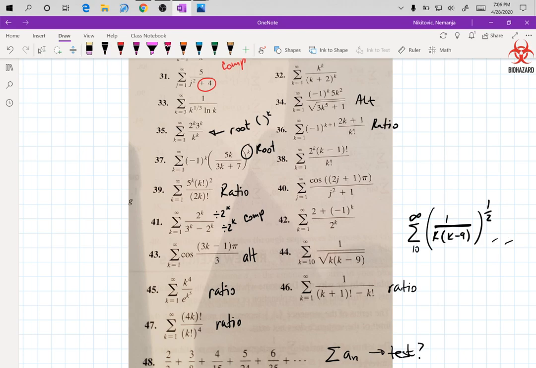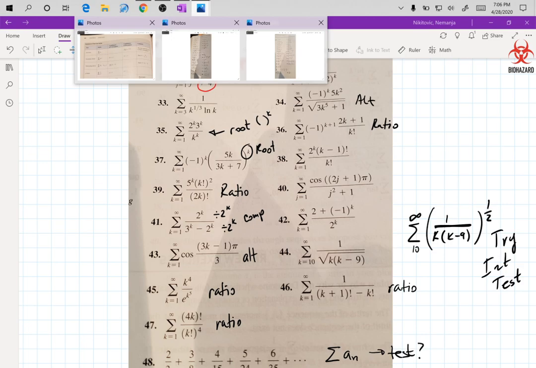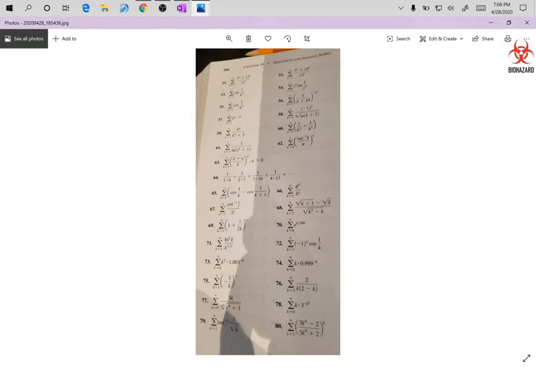Try integral test. And then if it doesn't work, we'll figure it out on the stream next time when we do either office hours or the exam review. Let's go with this one now.